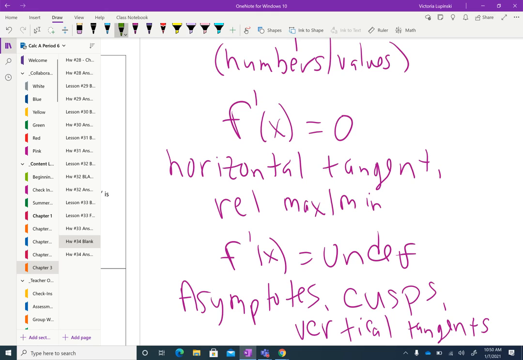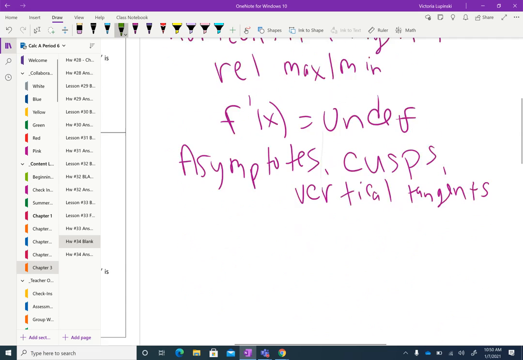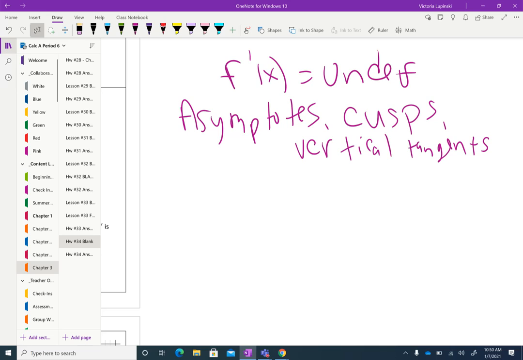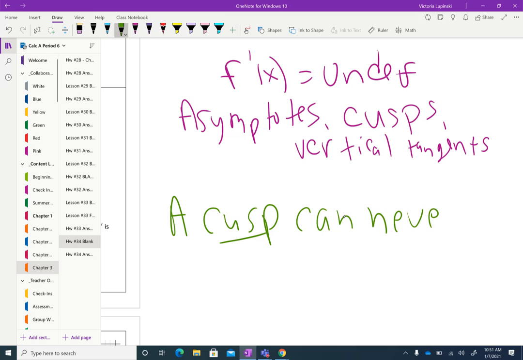The question was, what is a cusp? Again, I'm going to show you one of each today so that you have a nice reference. And then the second thing that I want you to note here is that a cusp can never be a point of inflection. That is just the rules. A cusp can never be a point of inflection.